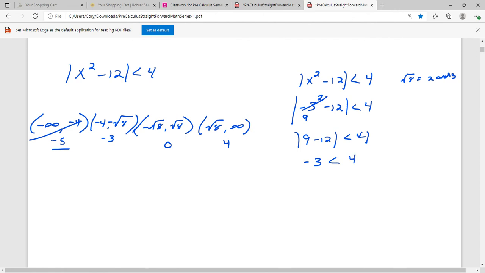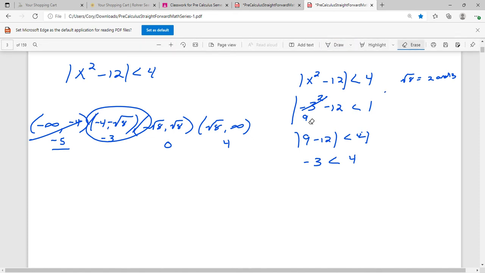Yes, -3 is less than 4. So that means that this one does work: -4 to the negative square root of 8. Alright, let's do the next one.